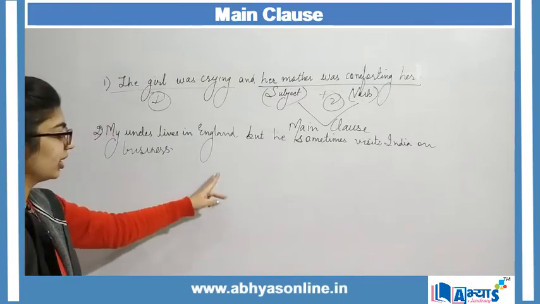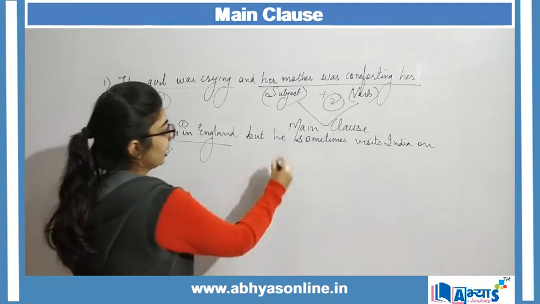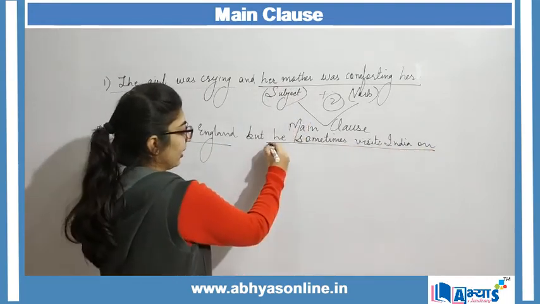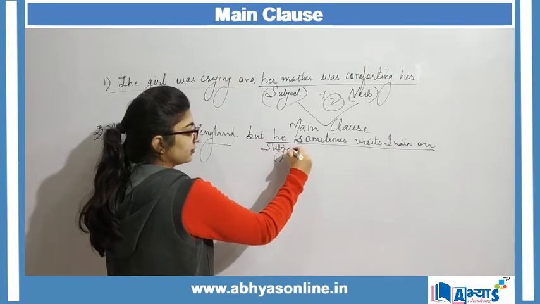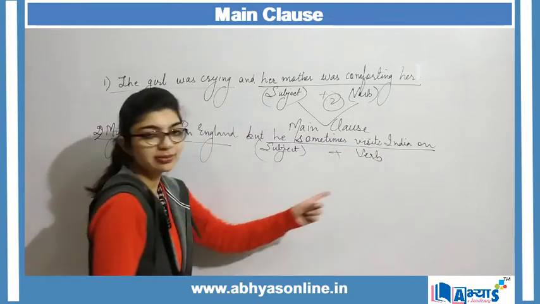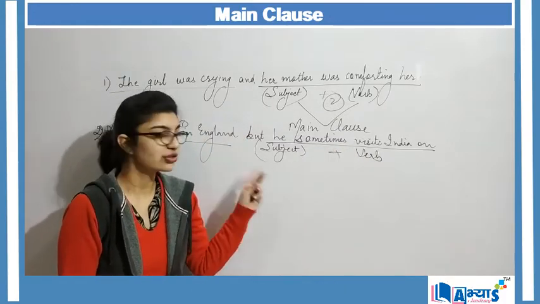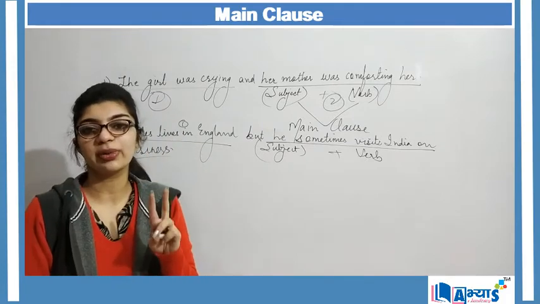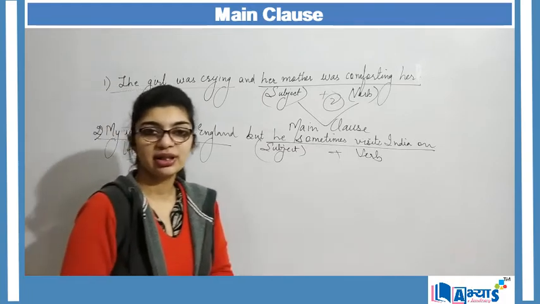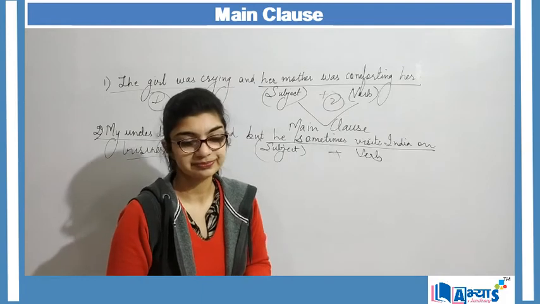My uncle lives in England. I already explained that this was the main clause. He sometimes visits India on business. He over here is my subject. Visit is my verb. Subject plus verb, if this is a clause, makes the main clause. So even in this sentence, there are two main clauses. So a sentence can have a single main clause. It can also have two main clauses.